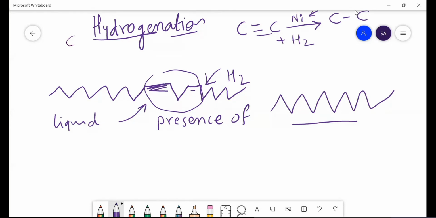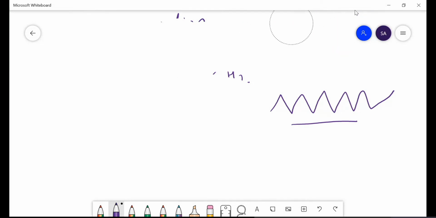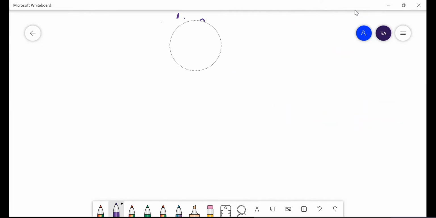See, there are a number of factors that will affect the hydrogenation process. Let me share my slide.